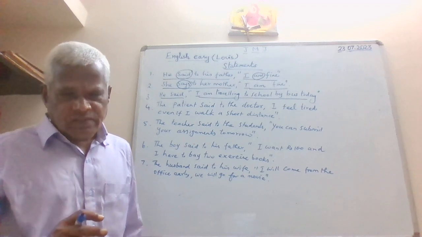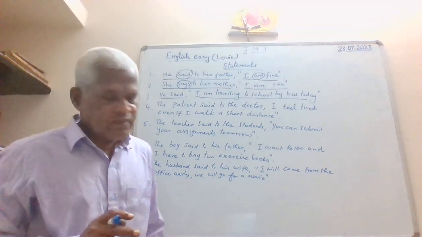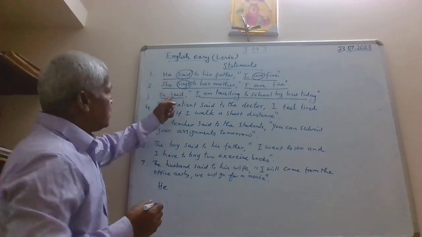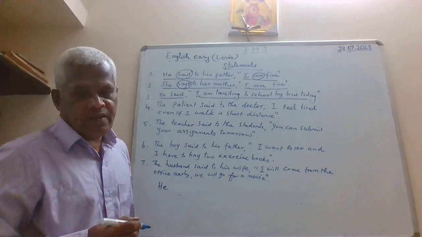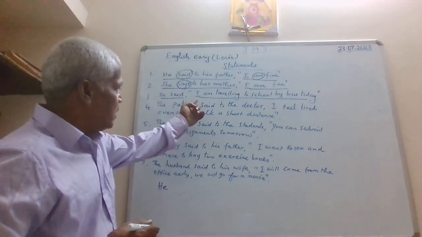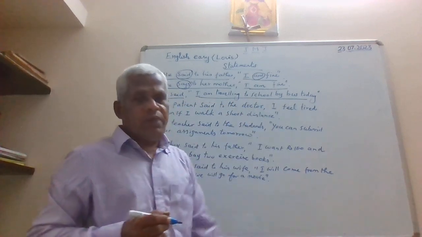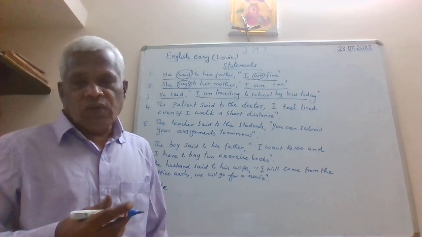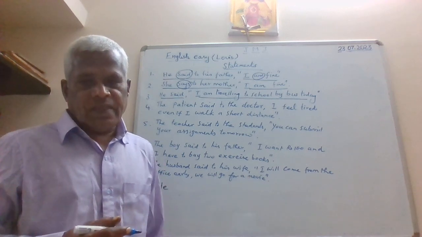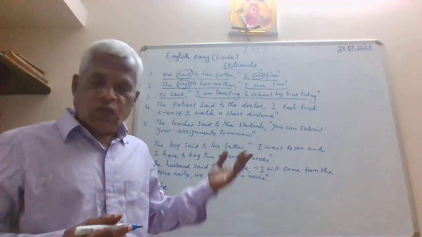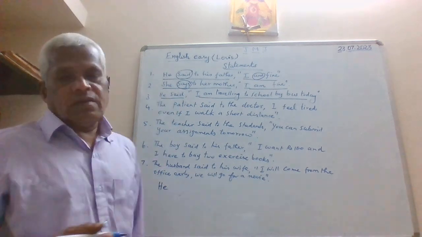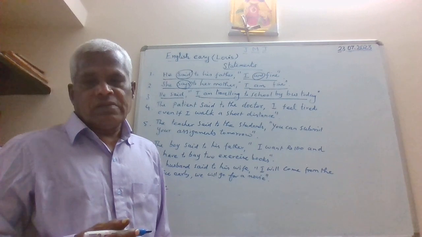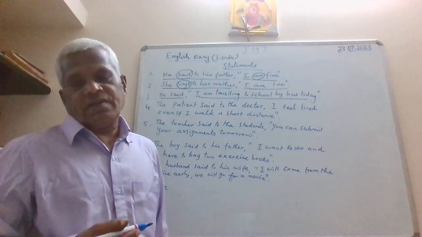Shall we try to change now? Yes. Start with the subject. He, this is your reporting verb. Now what is he doing actually? I am traveling to school by bus today. What is the verb that you can think of? Maybe similarly you can write told, or informed, or exclaimed, or ascertained.